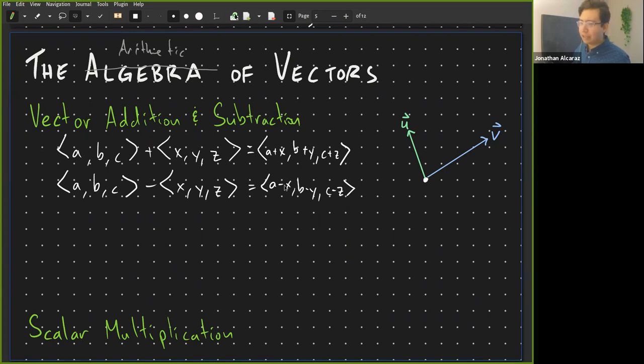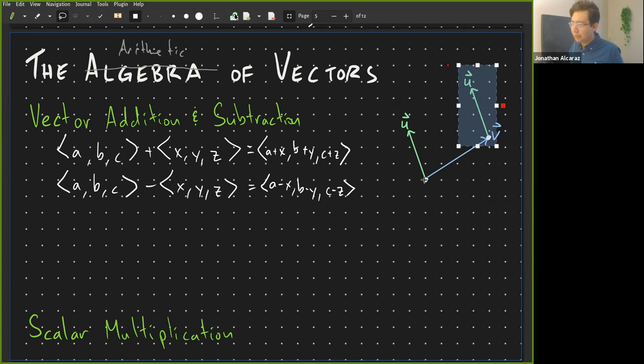Some of these other people said geometrically, you're doing a head to tail thing, or you're turning these two into the sides of a triangle, and you're figuring out that third side. So what you do basically is you take this u vector, you make a copy of it, which is easy to do on a computer. Maybe it's harder to do if you're writing this down pen and paper. And you put the tail of u on the head of v.